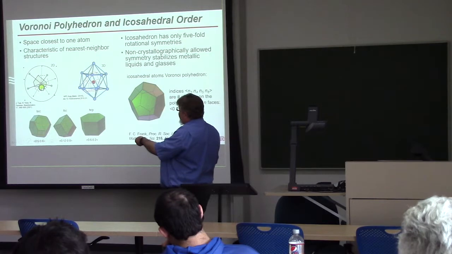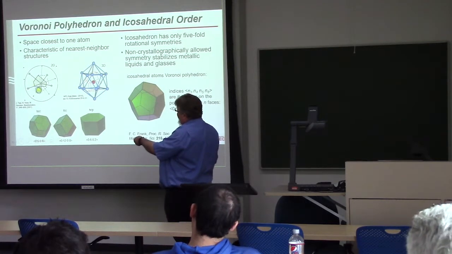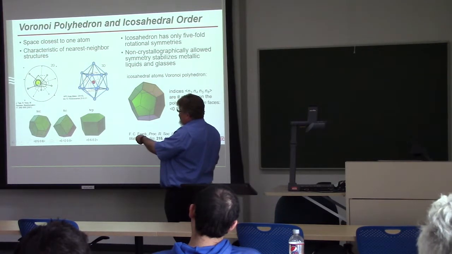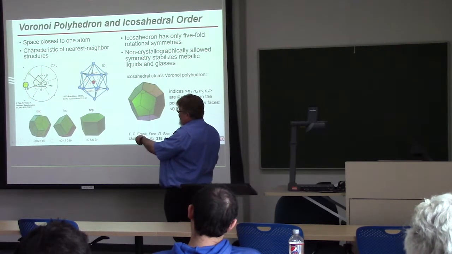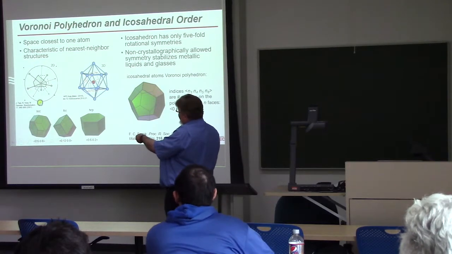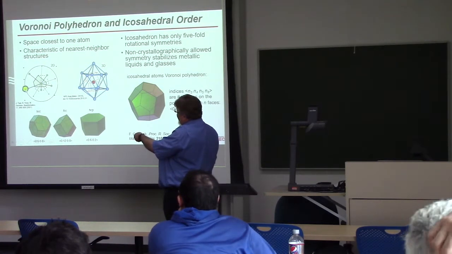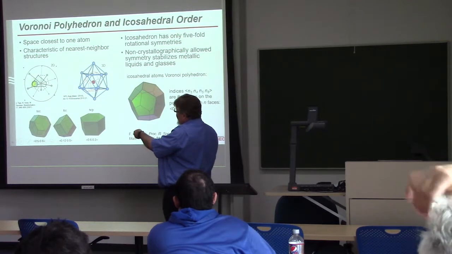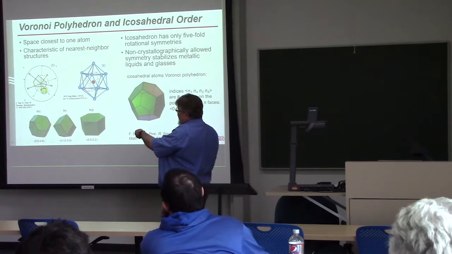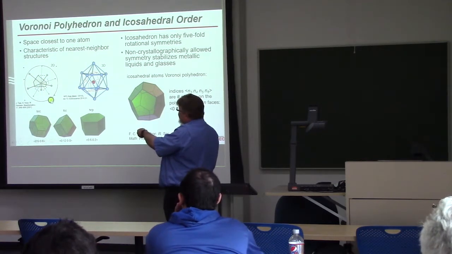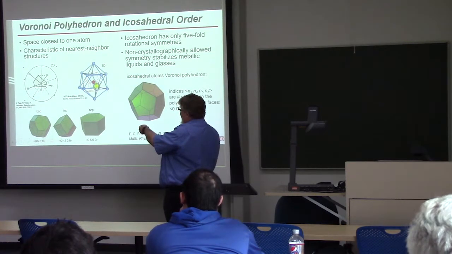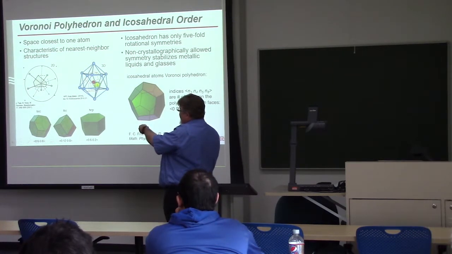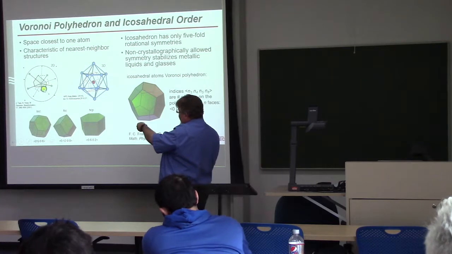So in 2 dimensions, the idea is you want to find the area of space that is closest to its central atom compared to all the other atoms. Geometrically, you can do this by drawing the line connecting each atom to its neighbors and then constructing the polyhedron made out of all the perpendicular bisectors. This is in 2D. In 3D, all of the bisecting lines become bisecting planes, and you get a polyhedron surrounding the atom instead of a plane shape.